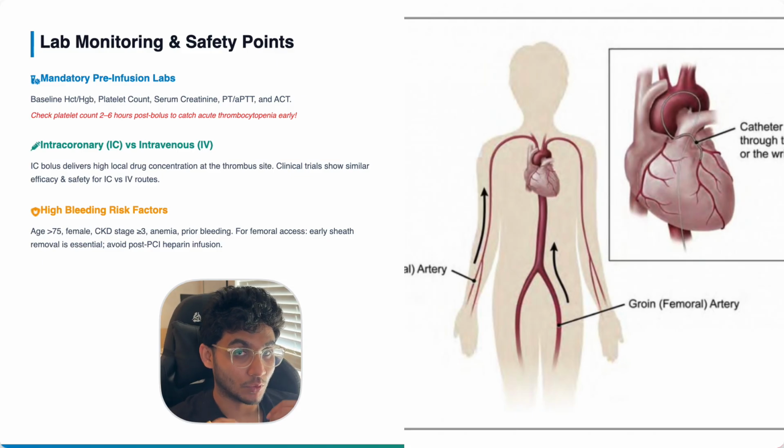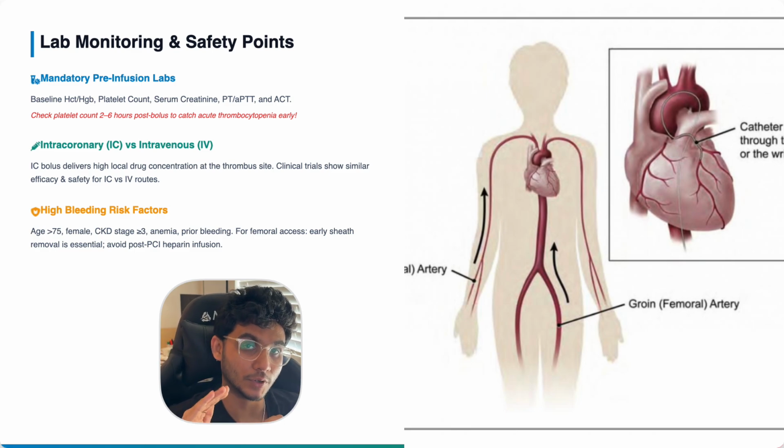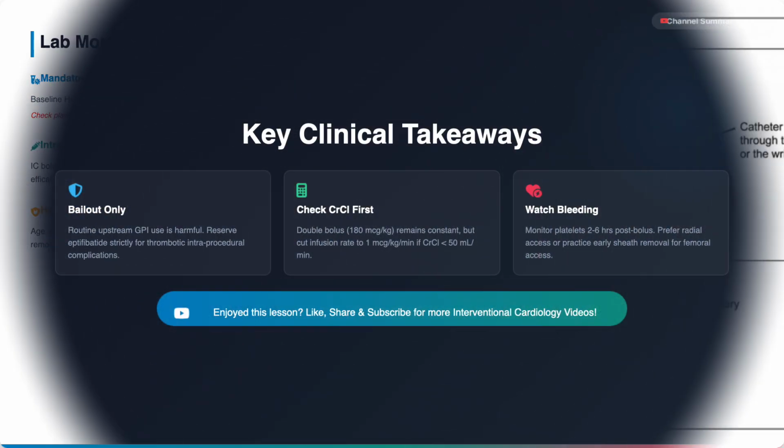Early sheath removal is essential, as I mentioned, because it comes with bleeding risk, and avoid post-PCI heparin infusions if you are on Eptifibatide. That's also one way of reducing bleeding: once you put the stent in and you had this complication of low flow, you start Eptifibatide, you can consider holding back on heparin to reduce the chances of bleeding.